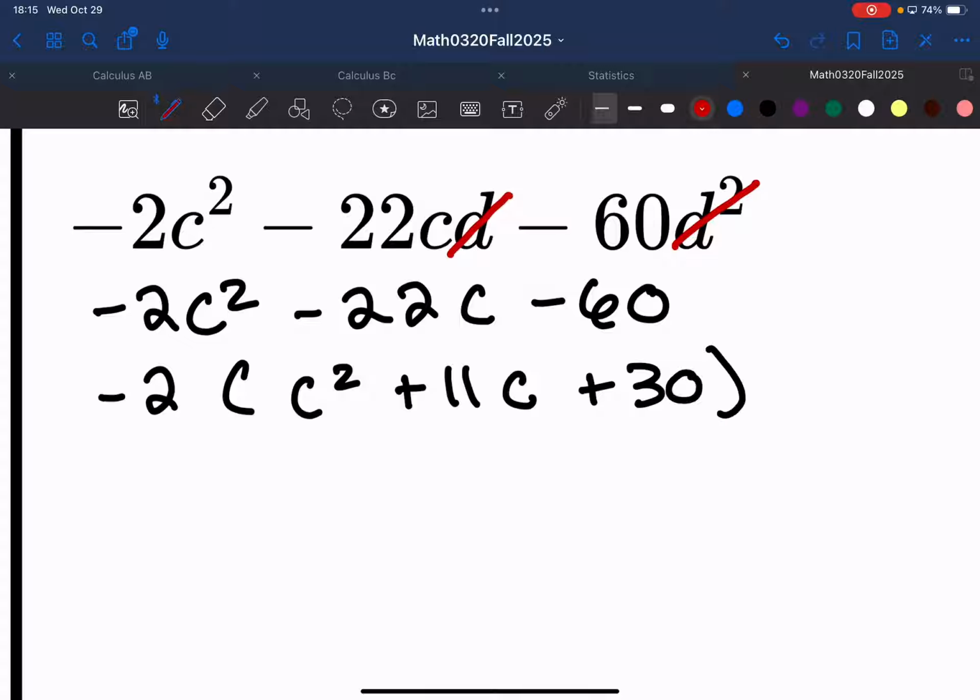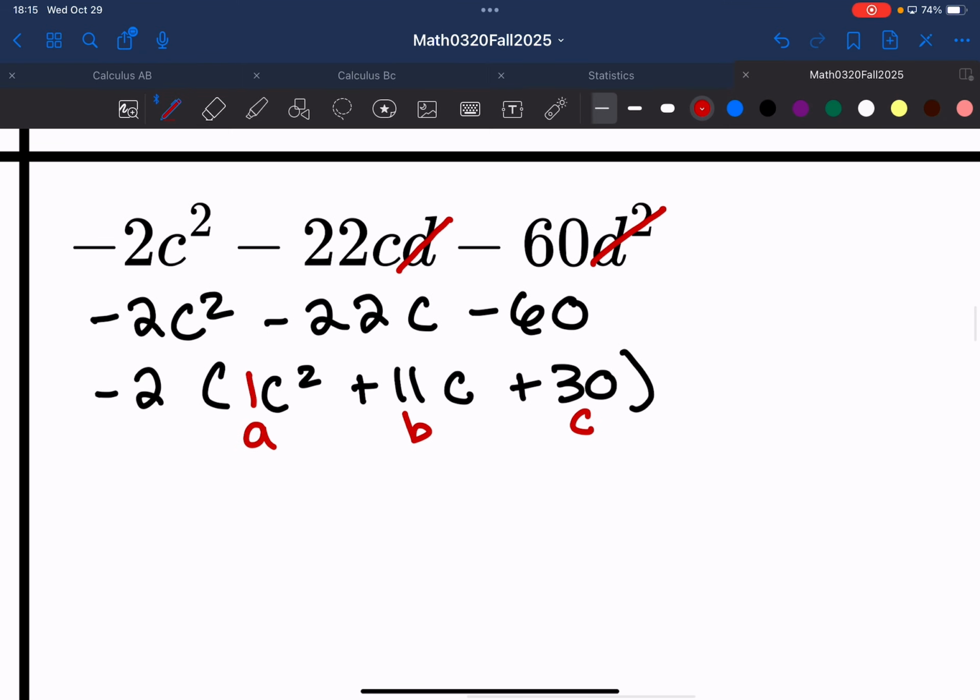And so now I have my A, B, and C. Okay. And then I am going to find two numbers that multiply to 30 but add to 11. What would those two numbers be?